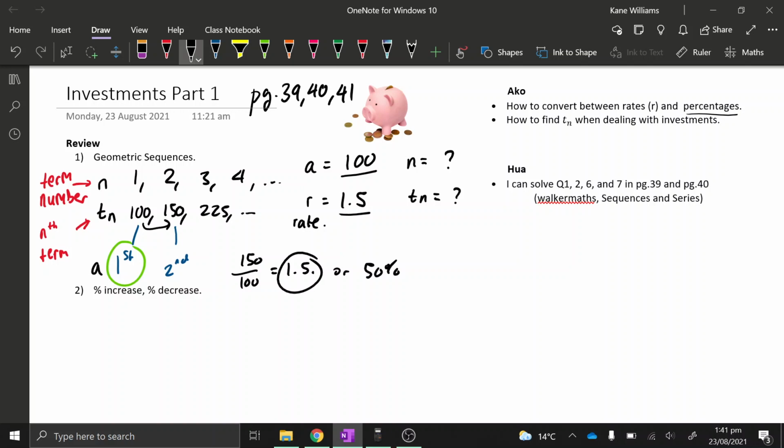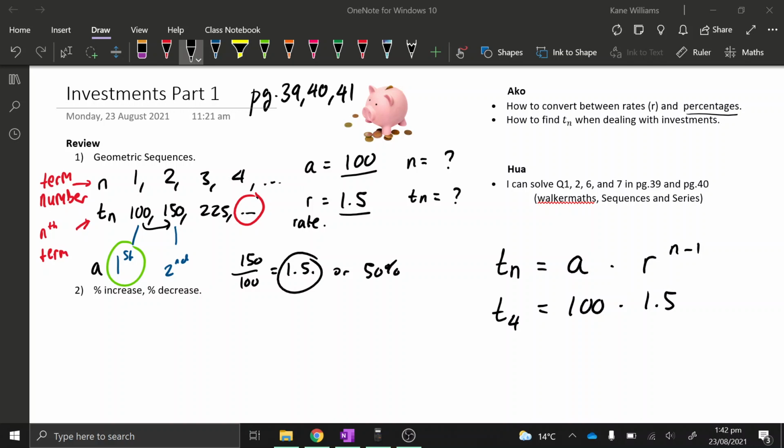What is the formula? Here's the formula. Tn, the nth term, equals the first term a times r to the n minus 1. For example, the fourth term, I didn't figure out. Let's find it by chucking it into here. So a is 100, and r is 1.5.